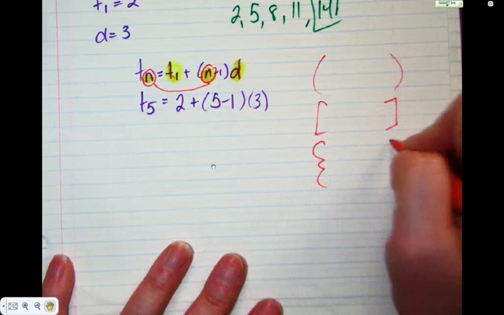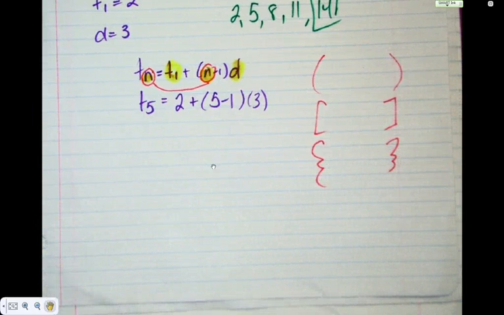Then there's these curly ones that we tend to call curly brackets. They have a name. They're actually called braces. I always think of little braces on teeth.